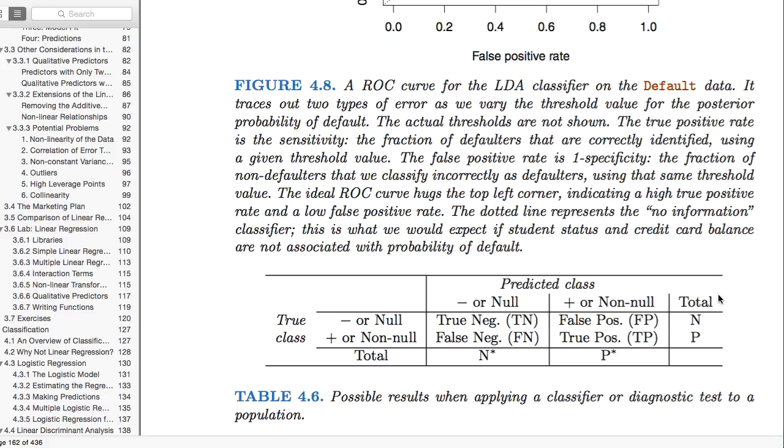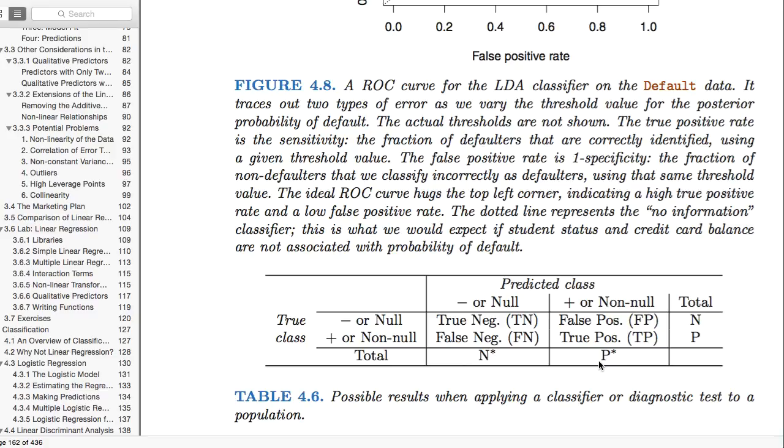This is just the total n and p, the total number of observations. This is the number of n that we expect to fall into... No, this is not right.